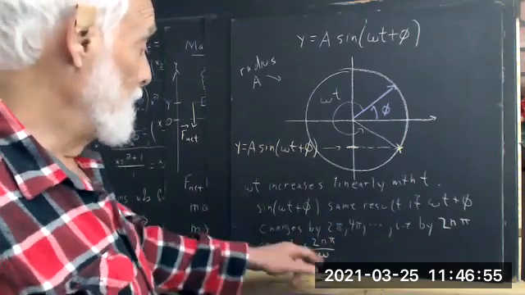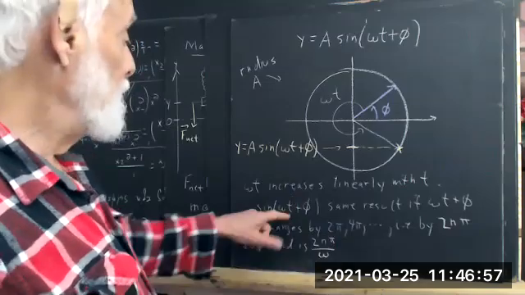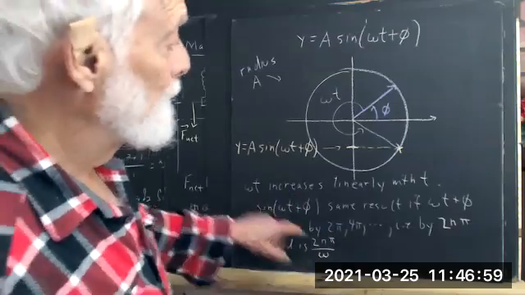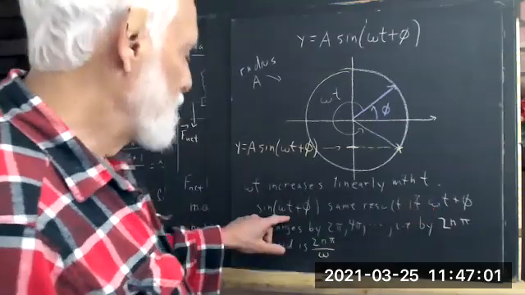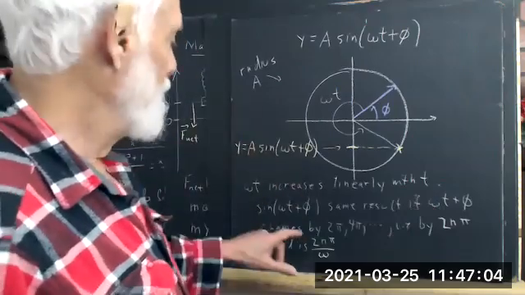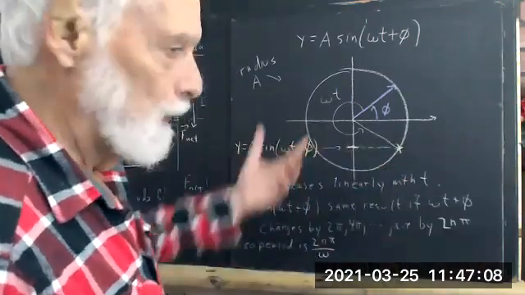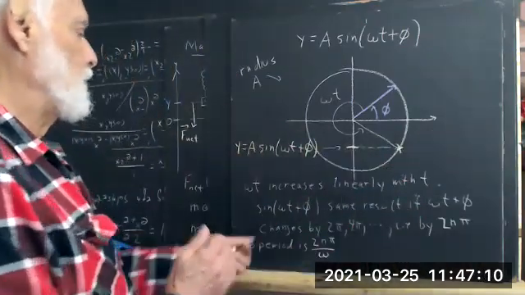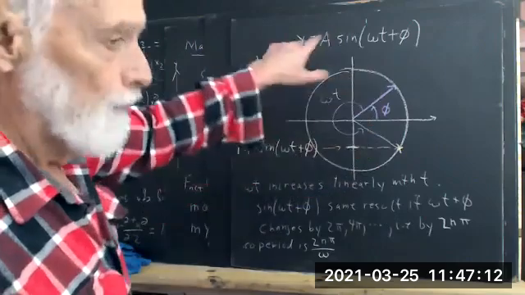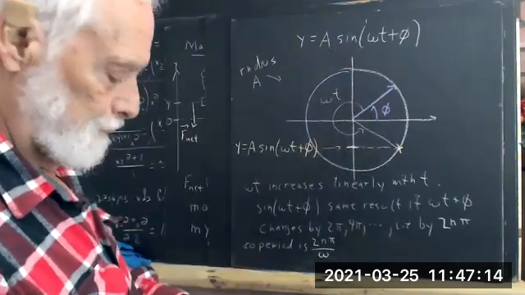Just multiply this by omega, you get 2n pi. And if omega t changes by 2n pi, then omega t plus phi changes by 2n pi, giving you the same result. So that's the periodicity of your oscillation.